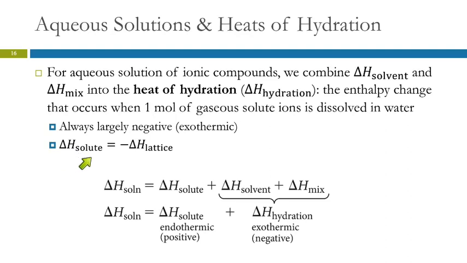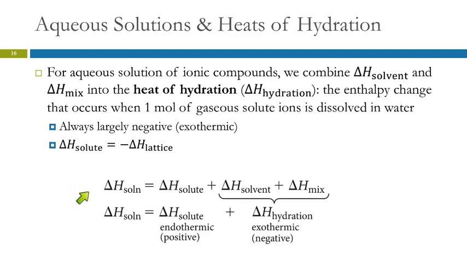Delta H for the solute, separating those ions, is equal to the lattice energy but opposite in sign. Remember, lattice energy was when we had ions in the gas form and they came together and formed a solid, and a lot of energy is released because of the formation of those ionic bonds.